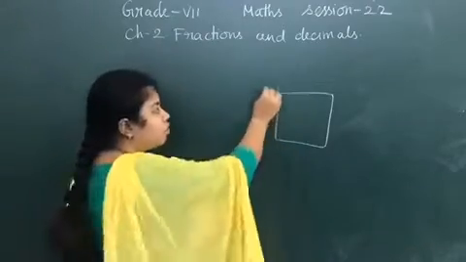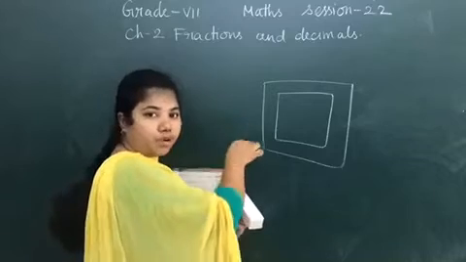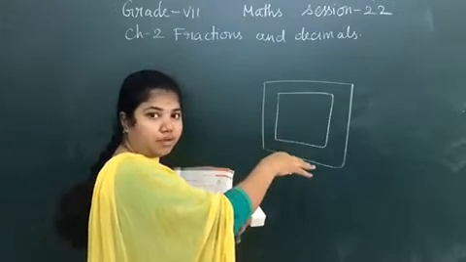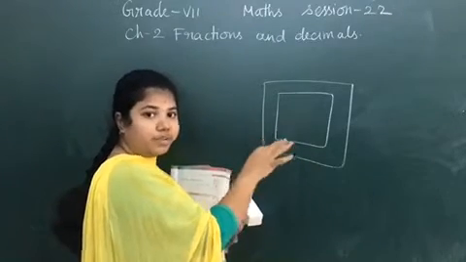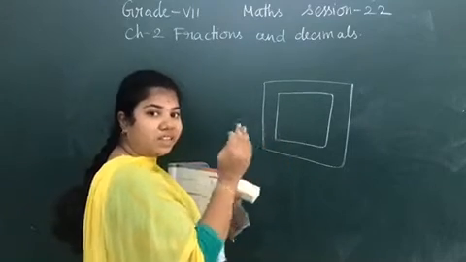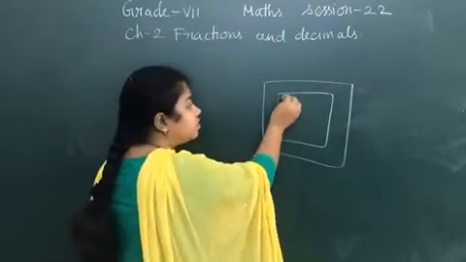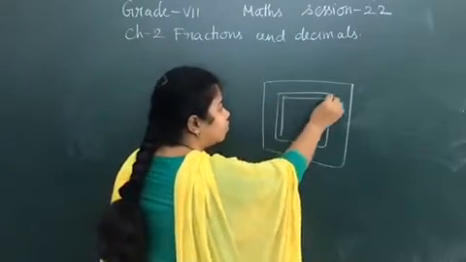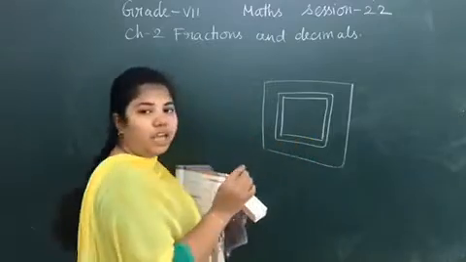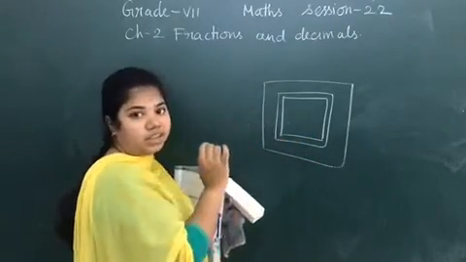If your photo is of this much size, what do you have to do? Will the photo fit inside the photo frame? No, it will never fit inside. Your photo must be smaller than the photo frame, at least this much smaller, so that it will be a good fit inside the frame and it will look nice. Yes or no?